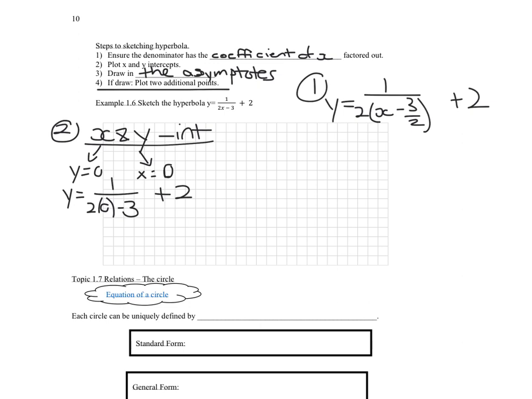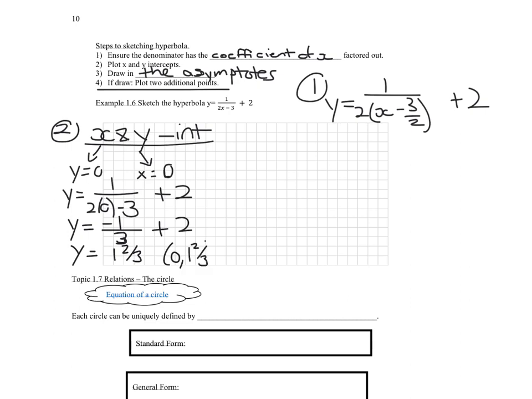I wouldn't bother substituting it into the form that we created over here. It's just as easy to do it in this form. So we're going to get y equals 1 over negative 3, or negative a third, plus 2. And so y is therefore going to equal 1 and 2/3. So our y-intercept is going to be (0, 1 and 2/3).